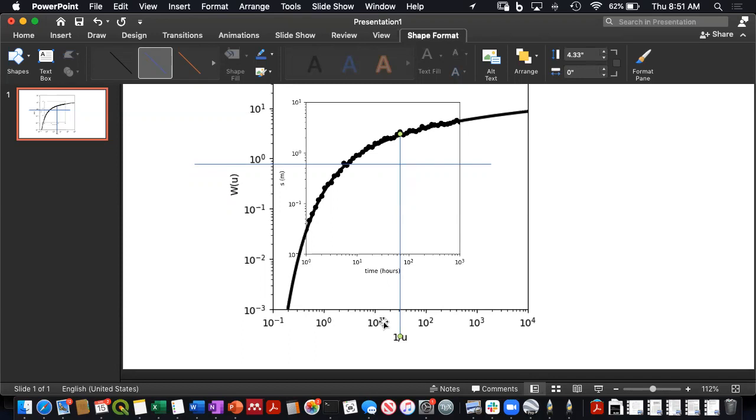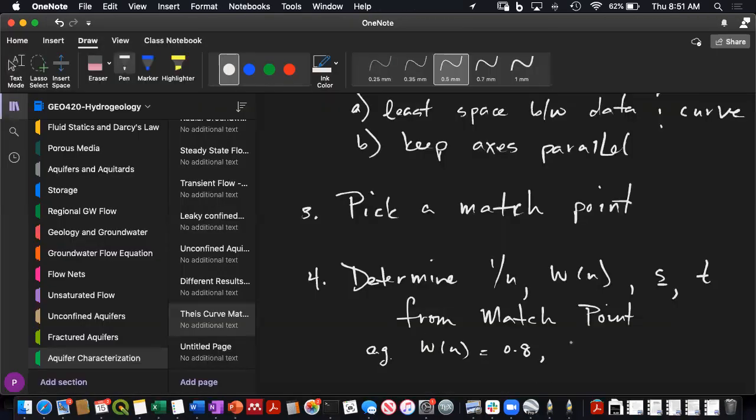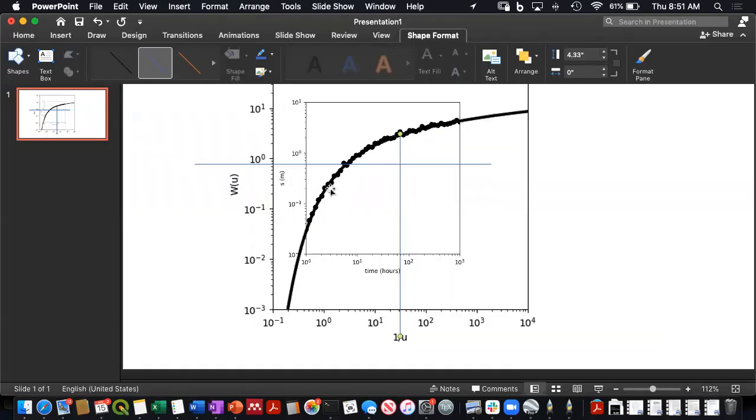So this would be 10, 20, 30. S here, so this is 0.1, 0.2, 0.3, 0.4, 0.5, 0.6.